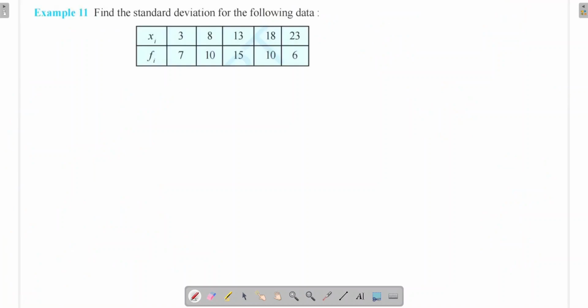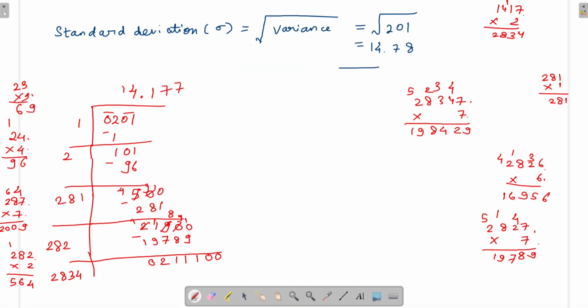now let us see what is another formula for variance and standard deviation.